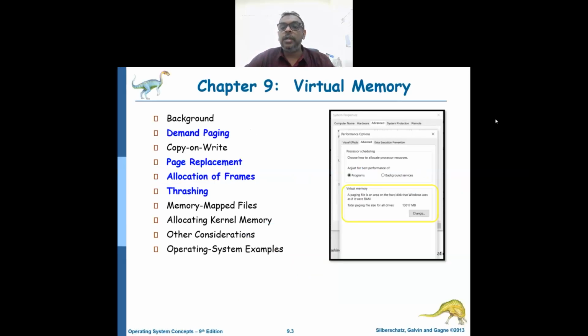All right. So in this chapter, we are going to understand demand paging, page replacement techniques, allocation of frames, and thrashing. Demand paging is almost similar to chapter 8, where we have frame size, page size, logical address and physical address.